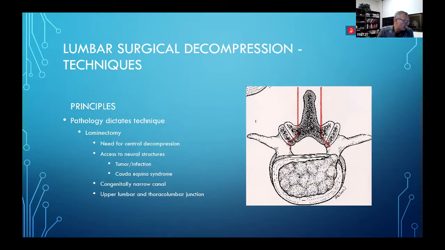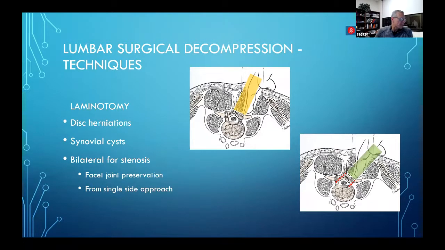The upper lumbar spine and the thoracolumbar junction quite commonly require laminectomy versus laminotomies, simply because it's very difficult to access through a midline approach, get under the spinous process and leave it intact, and decompress the neural elements at that level. So there's still a role for laminectomy, although you will see myself and the other surgeons doing a lot more laminotomy procedures, and we'll talk about the technique and why we do that. A laminotomy is generally a unilateral approach.